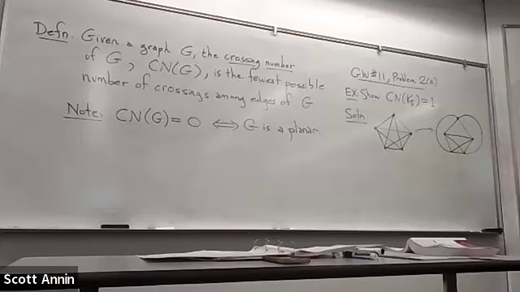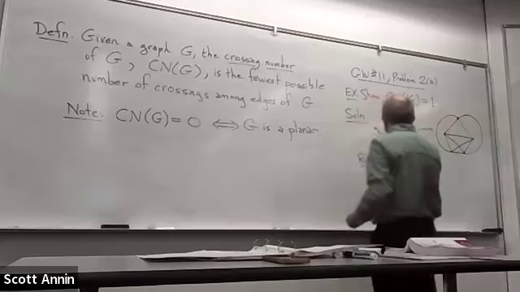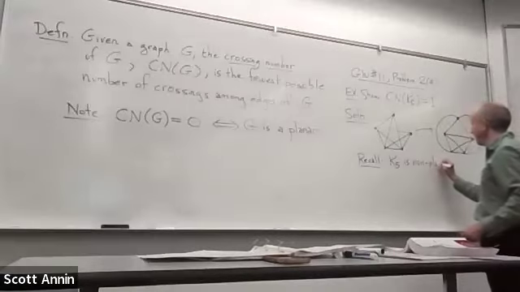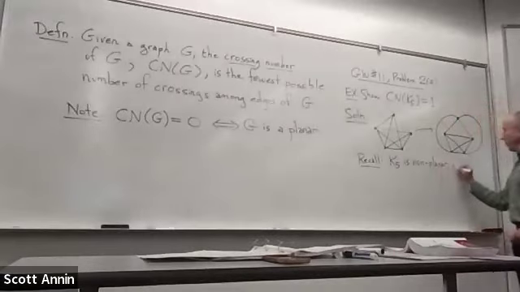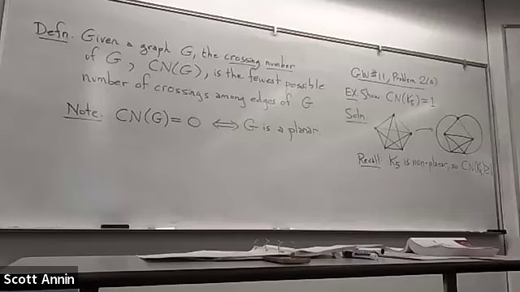We know this graph, so I'll just recall that K5 is non-planar. So the crossing number of K5 is at least 1. It can't be planar. And then the picture shows you that the crossing number is at most 1.